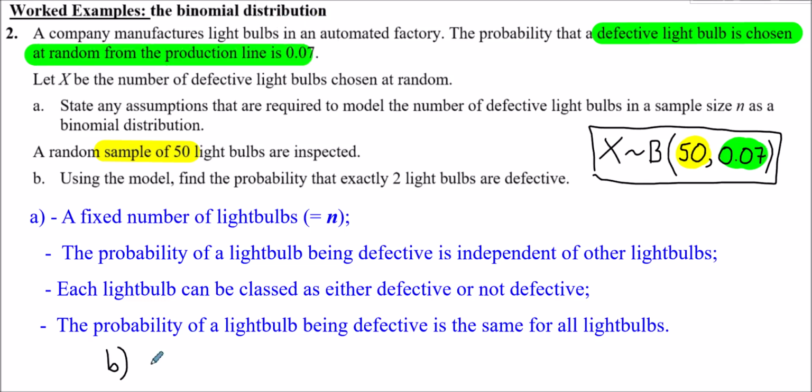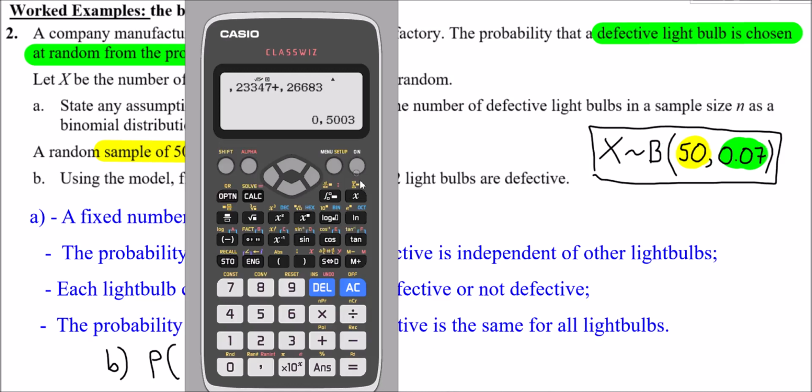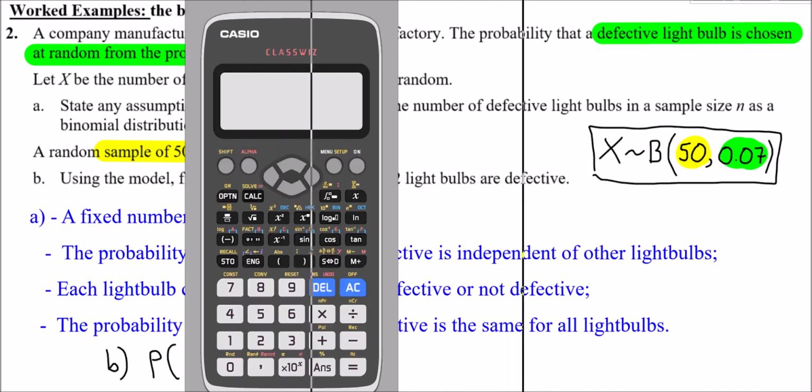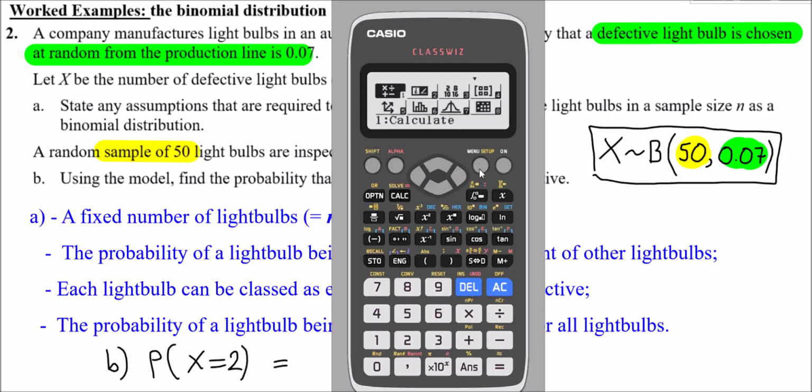So now, probability for exactly 2 are defective just means the probability for x equals 2 from this distribution. So again, the calculator, I'll show you from scratch how to get it. So what we need to do is we press menu, go down to mode 7, press equals, binomial PD, press 4, variable, so option 2.